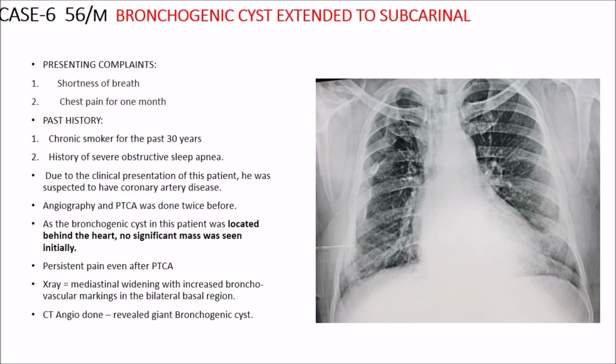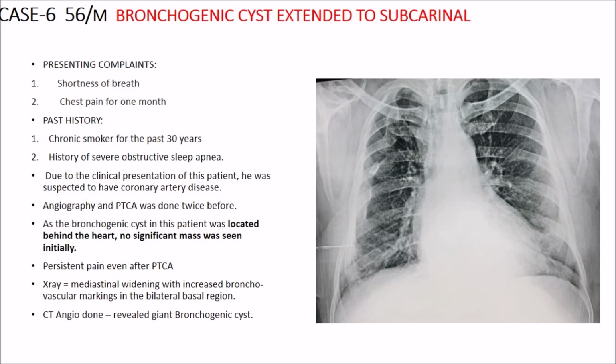So here is another case where the patient came with chest pain, and they did an angiogram, and the angiogram showed some coronary lesions, and PTCA was done. After some time, the patient came back again with chest pain.